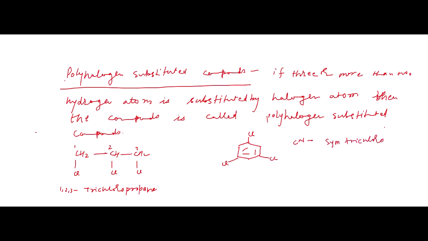The IUPAC name is very easy. 1, 2, 3, 4, 5, 6. So we can write 1,3,5-trichlorobenzene. This is the polyhalogen substituted compound. In case of 3 or more than 3, that is what is called polyhalogen substituted compound.